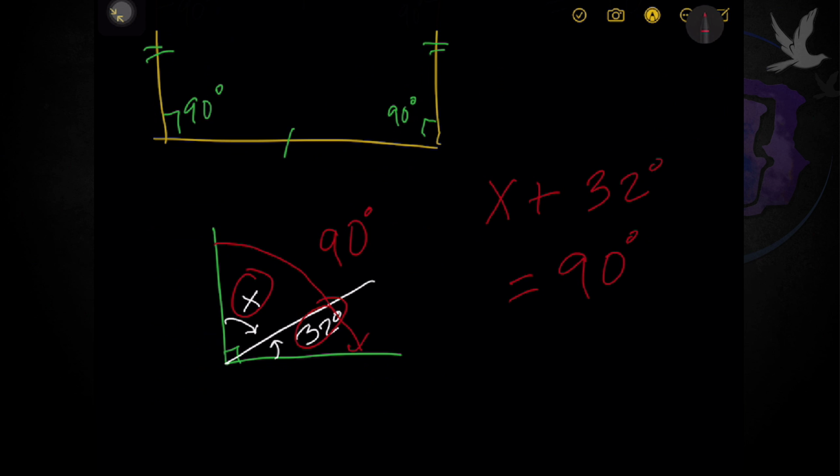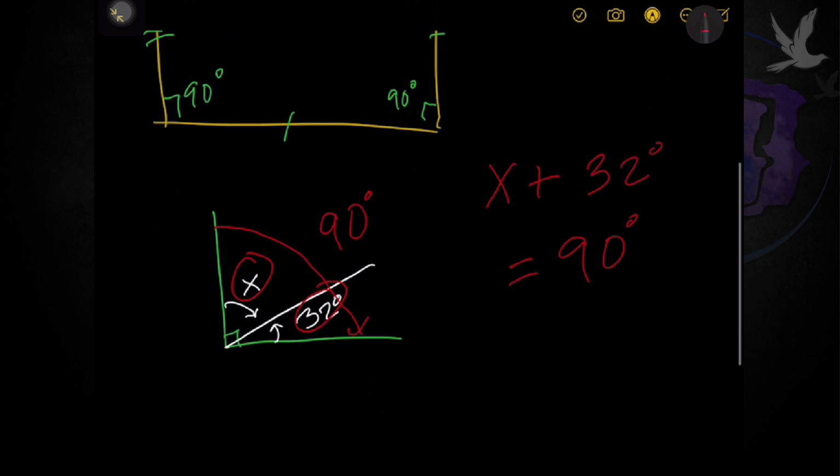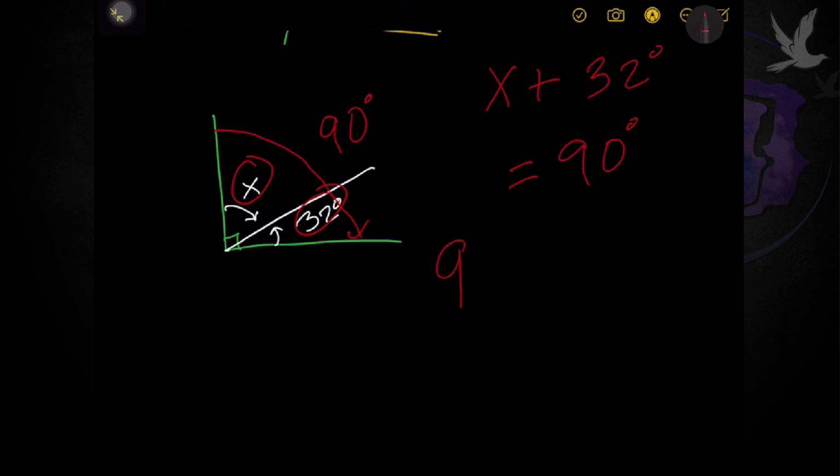Make sense? Diba? So, that means to solve for x, all you have to do is to remove the given angle from 90 degrees.